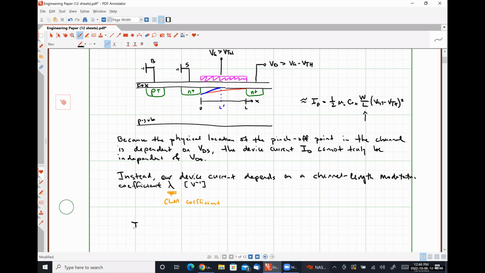so our device current is better represented as 1/2 mu n C ox W over L times VGS minus VTH squared times 1 plus lambda VDS.